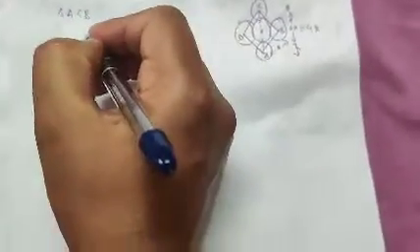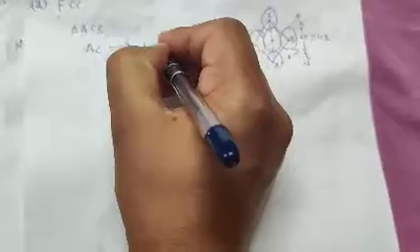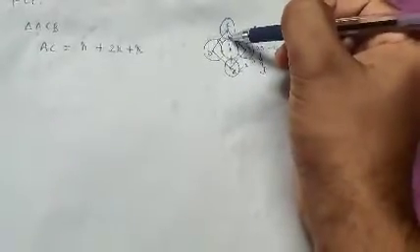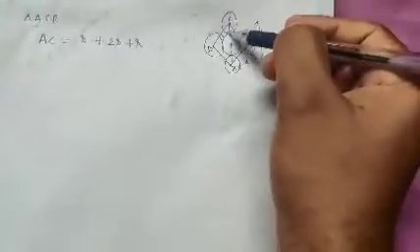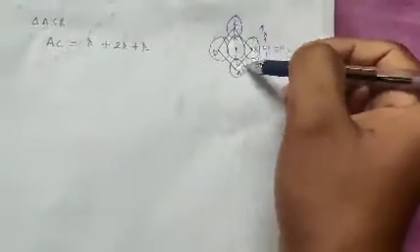So if you consider triangle ACB, then from the picture we have AC will be r plus 2r plus r, because this distance is r, as the radius is r, and this is 2r, r plus r, and this will be r.